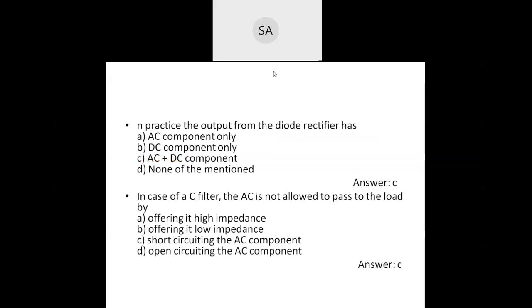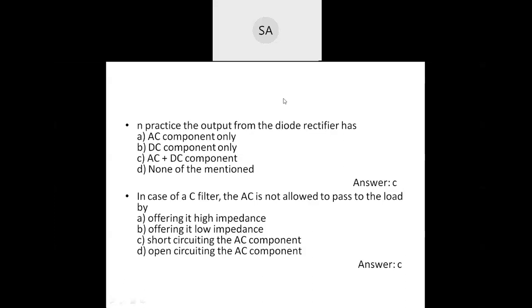In practice, the output from the diode rectifier has: AC component only, DC component only, AC plus DC component, or none of the above.